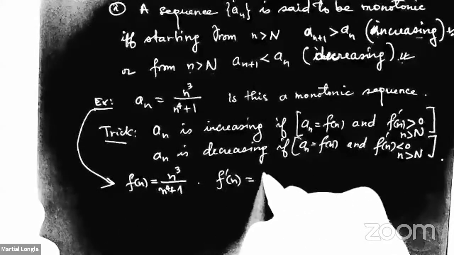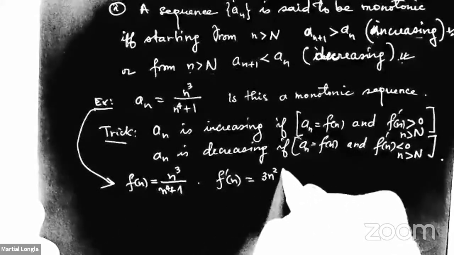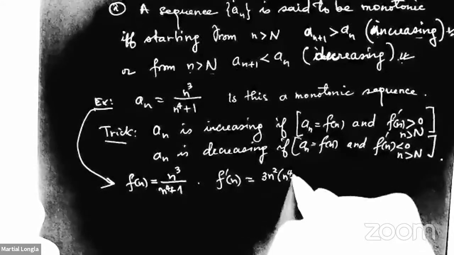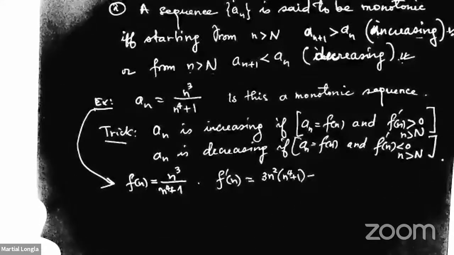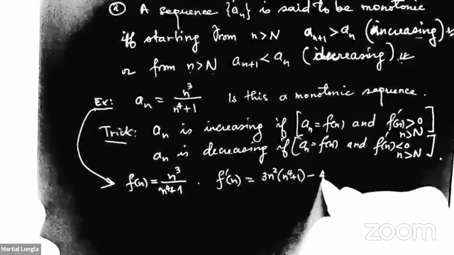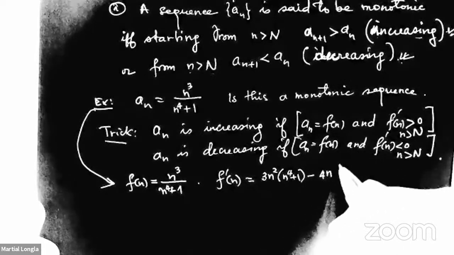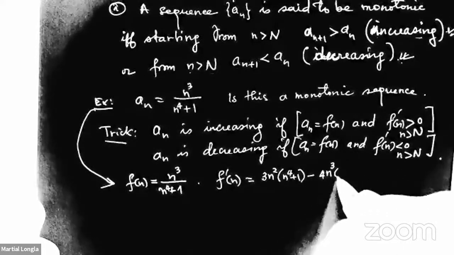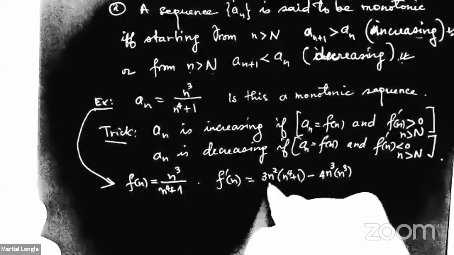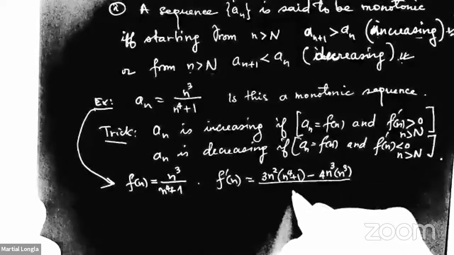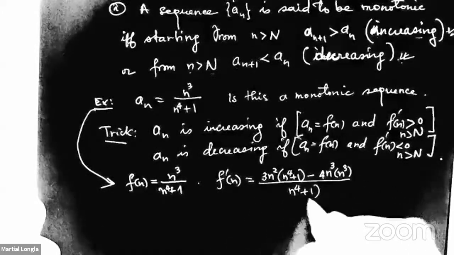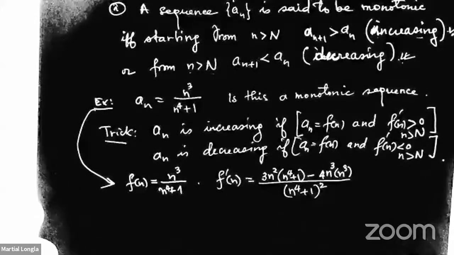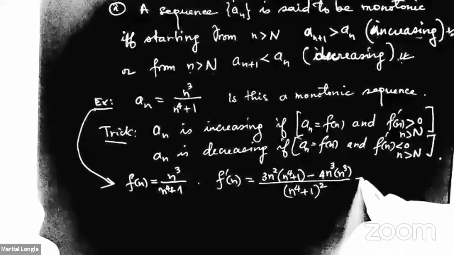So that is going to be 3n squared times n to the fourth plus 1 minus 4n cubed times n cubed over n to the fourth plus 1 squared. That's how you find a derivative in this case.